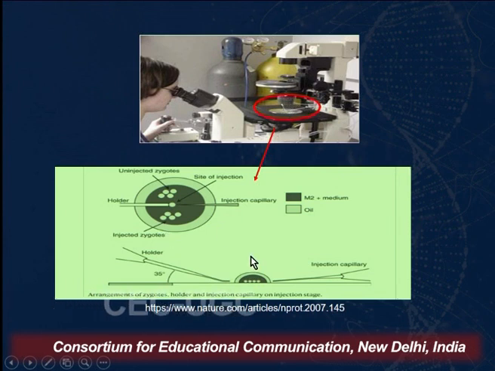So this is how the micro injection takes place. This is a fertilized egg, and that is how the micro injection is occurring.